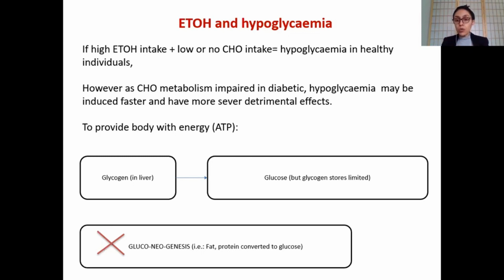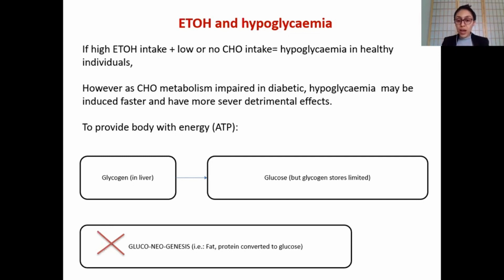So now what? Your glycogen stores are over. You are drinking alcohol, ATP production cannot happen, the tricarboxylic acid cycle cannot happen, and there is only so much glycolysis that can happen secondary to glycogenolysis.